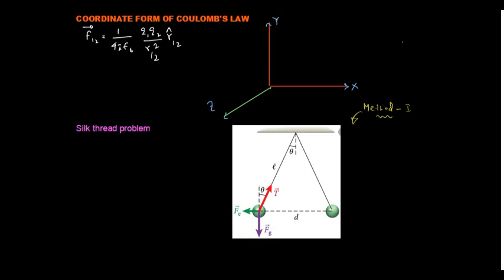If I keep one charged particle here, let us say q1, its coordinate is given by x1, y1, z1, and the coordinate of this q2 is given as x2, y2, z2. Similarly, I will take the radius vector joining the origin and q1, another radius vector joining the origin and q2, and another radius vector joining q1 and q2.